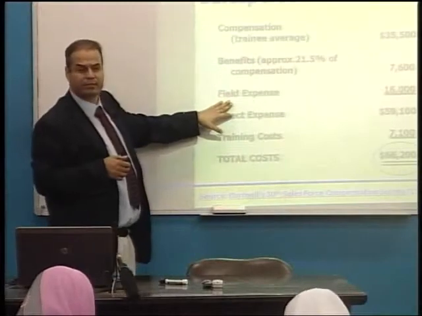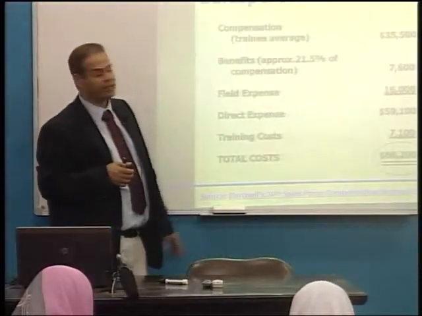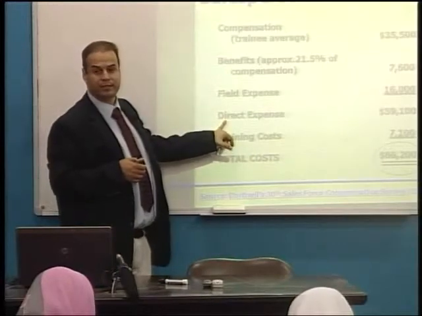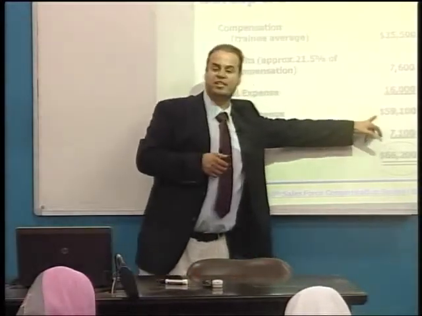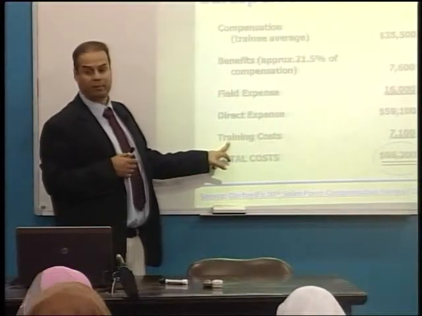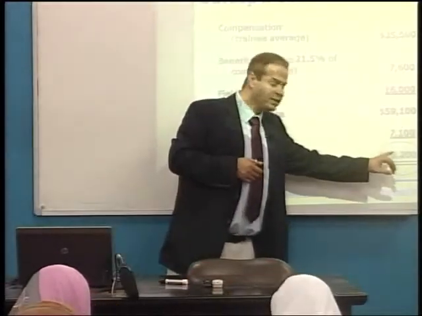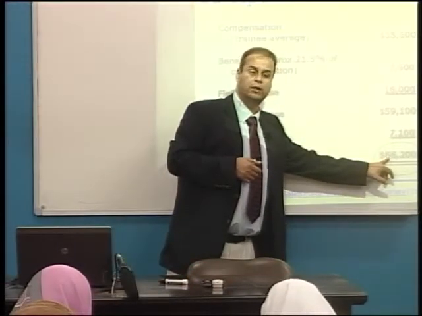Regarding the field expenses, they might say we are going to pay $16,000. Regarding the direct expenses, the companies will pay about $60,000 US. With the training at about $7,000, the total cost is going to be $66,000 US. Now listen.